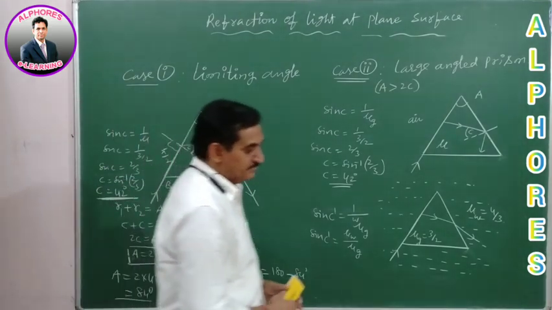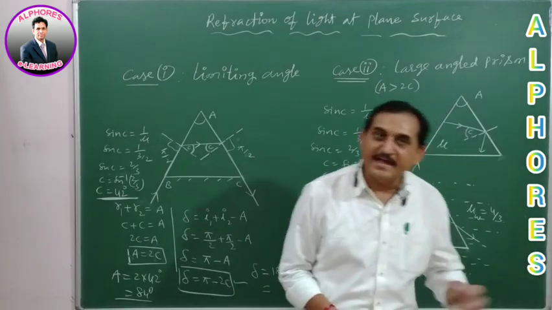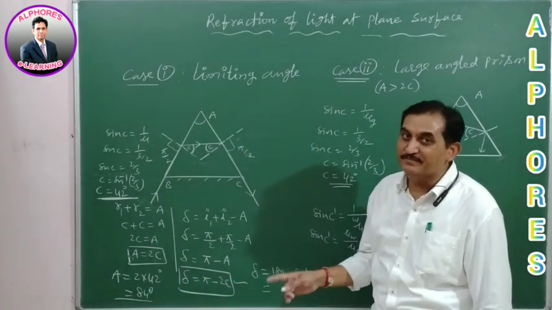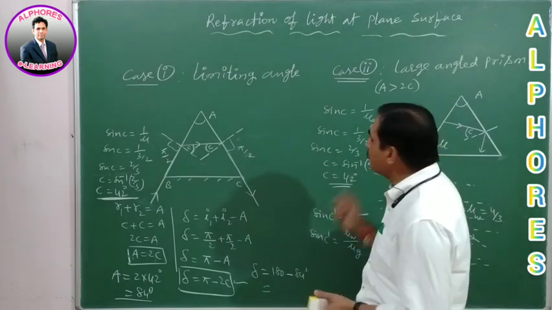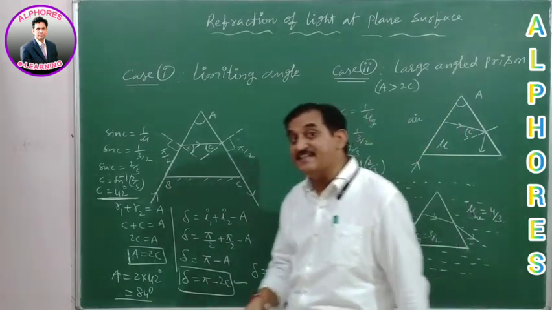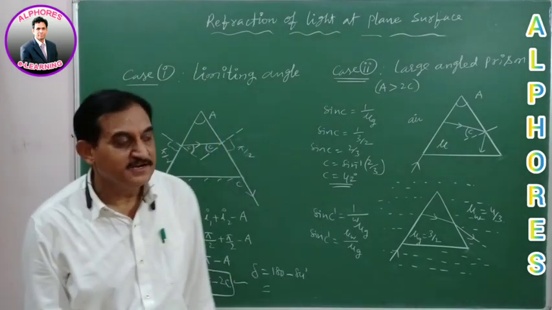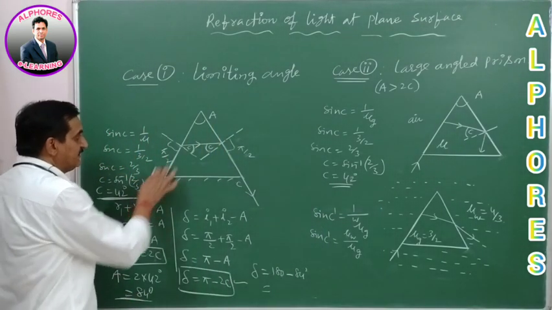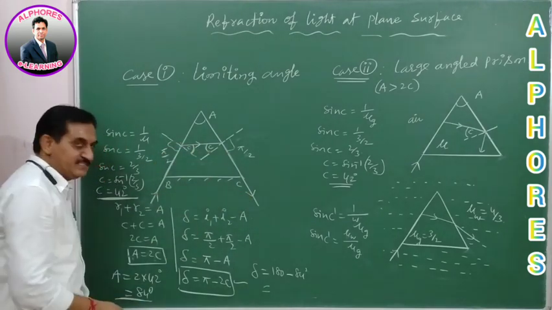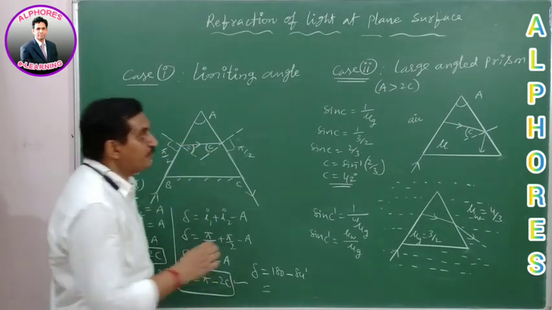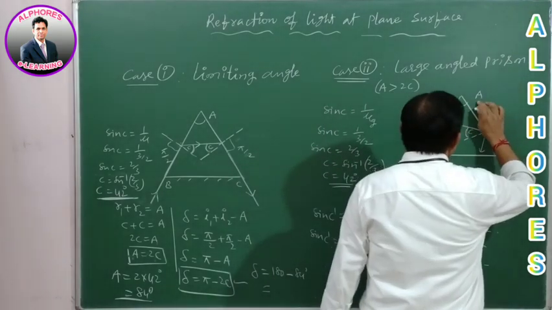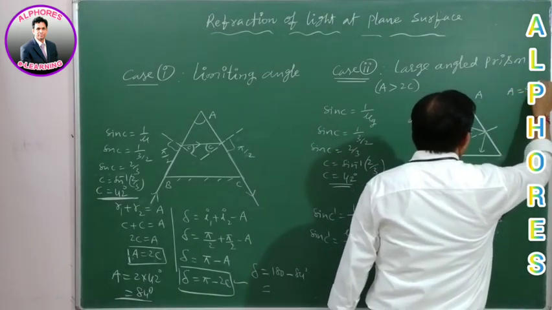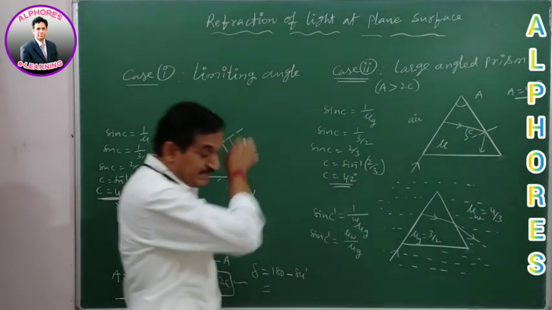Large angled prism. Suppose the angle of prism is 84 degree, which is taken to be the limiting angle. So if the angle of prism is greater than 2C, for example, for 84 degree, grazing incidence finally gives grazing emergence. Suppose the angle of prism is, instead of 84 degree, given as 90 degree.